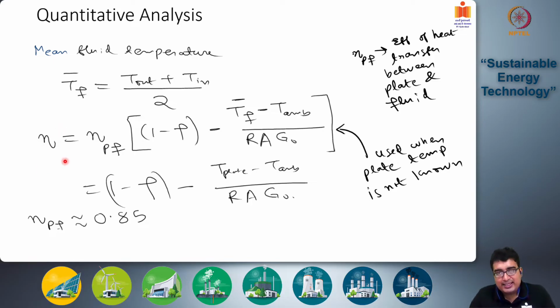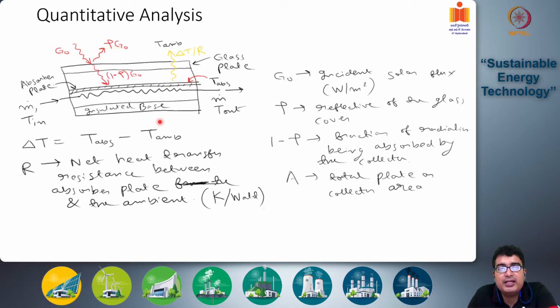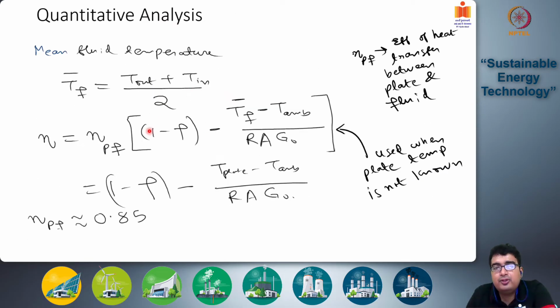Then the efficiency eta can be rewritten as a function of two different efficiencies. One is eta PF, which is the efficiency of heat transfer between the plate and fluid. So what is the efficiency of heat transfer between this absorber plate and the fluid? That efficiency is eta PF into 1 minus rho minus, instead of delta T, we put the mean fluid temperature minus ambient temperature. The original delta T was absorber plate temperature minus ambient temperature.